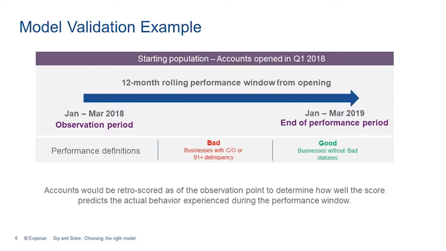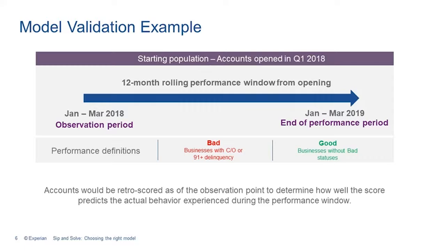You could see here on this slide that the observation point being Q1 2018 with a 12-month performance window would end the performance period in Q1 2019. And so again, we would score them at the observation period. Knowing their actual behavior over that 12-month window, we would then see how well does the score predict the actual behavior that was observed. And with that, we can determine how well the score fits your portfolio.